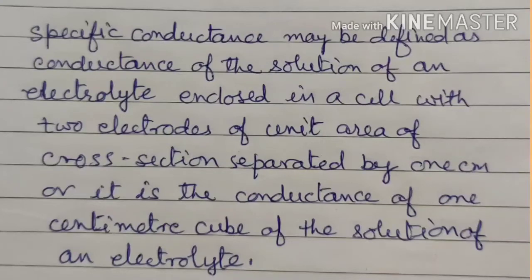I am repeating. Specific conductance may be defined as the conductance of the solution of an electrolyte enclosed in a cell with two electrodes whose cross-sectional area is 1 centimeter square, and the distance between the two electrodes is 1 centimeter. Then it is called specific conductance, the reciprocal of rho.